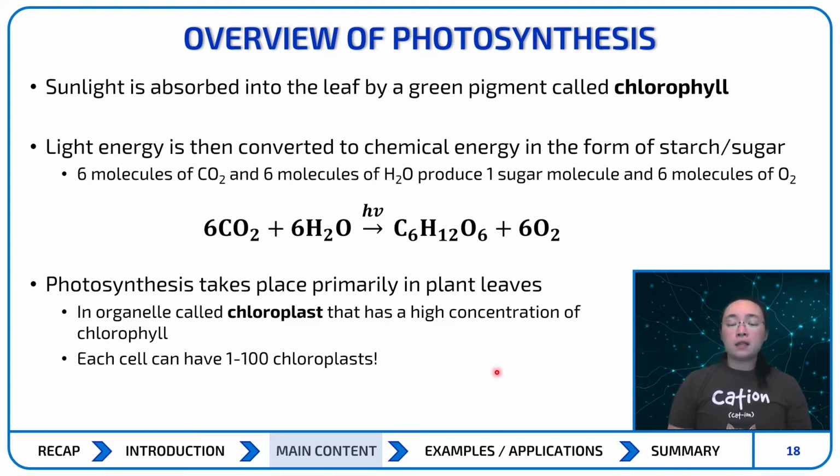Now, photosynthesis primarily occurs in autotrophs, and within autotrophs, it takes place in plant leaves, specifically in an organelle called the chloroplast, which has a high concentration of chlorophyll, which helps to absorb light. Each one of these cells may have 1 or 100 chloroplasts, so there's a lot.